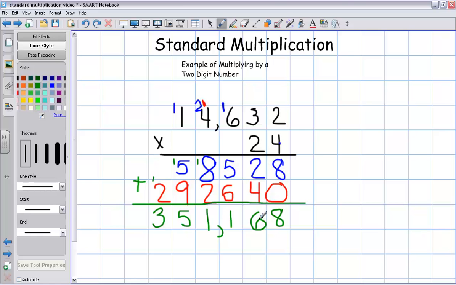So my final answer here is going to be 351,168. These were 2 examples of how to use the standard multiplication method to solve a multiplication problem.